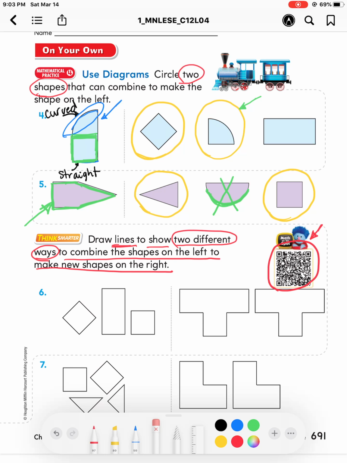Let's think about it together. What are we going to do? Actually, this shape, we can call it no more a square.